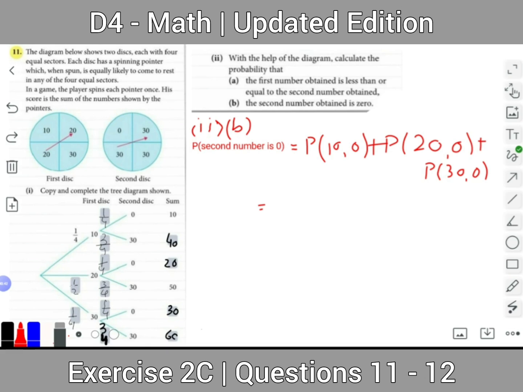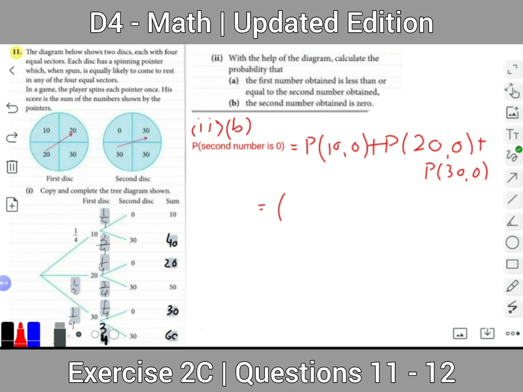So the probability for the ordered pair 10 and 0. Now from the tree diagram, 10 appears on the first disk when the pointer is spun.